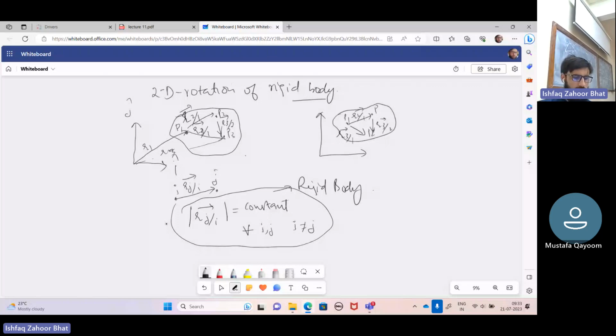I think this is more general. I should not write I is not equal to J. Let me relieve this constraint. So for all I and J, any point, if I is equal to J, then this constant will be 0. Are you getting what I am trying to say?